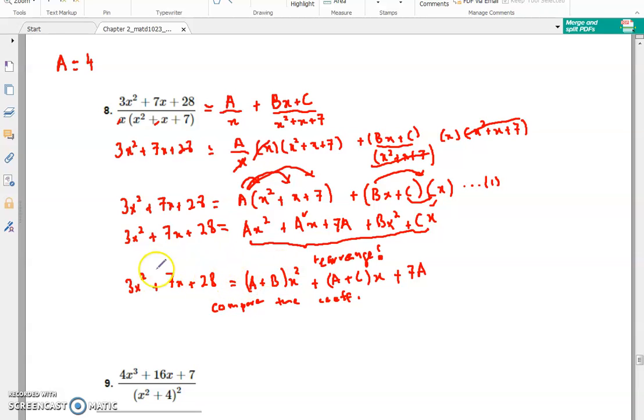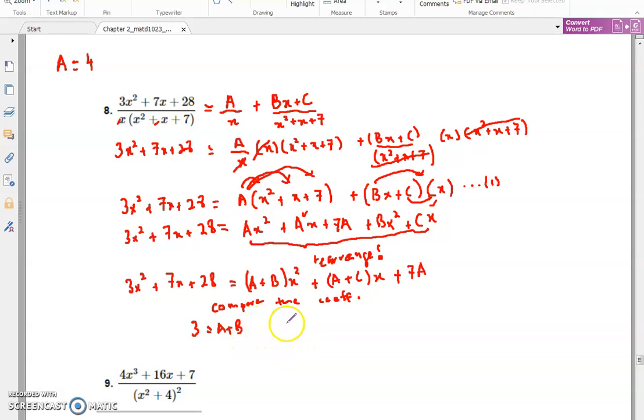As we can do a comparison here, this is a group of x squared, which you can compare with a group of x squared here. A group of x power of 1 with a group of x power of 1, and a group without variable, 28 and 7a. So you can do the comparison now, which is we are going to get here 3 is equal to a plus b, because you have the common variable there as well.